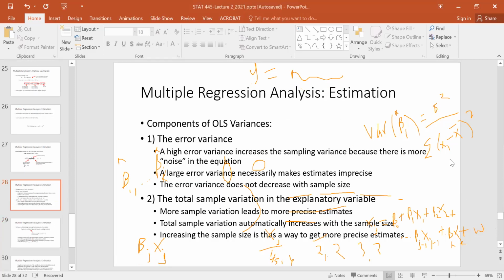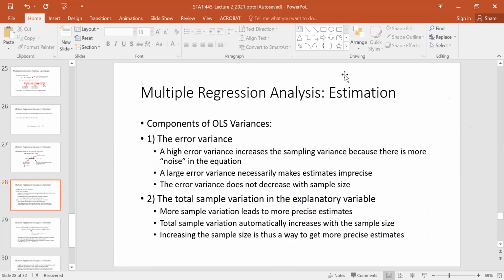Okay, let's go on. So this slide just analyzes the components of that formula, the sampling variance. The variance of each beta j is what? The variance of the error divided by what?